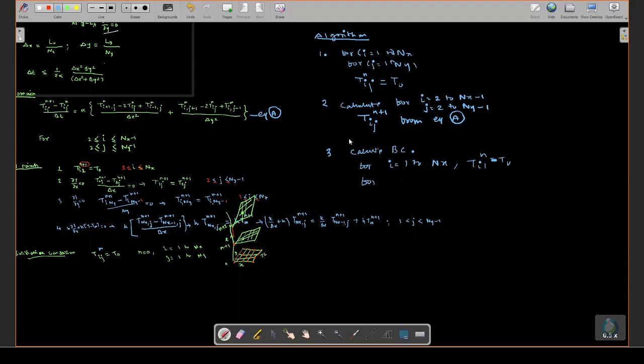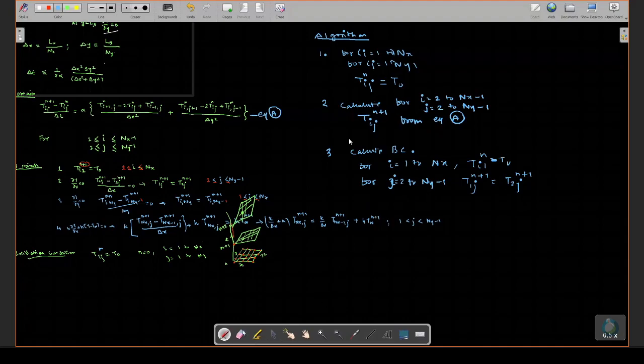There is another loop we will use for i, j equals 2 to ny minus 1. You will use T(1,j)^(n+1) equals T(2,j)^(n+1). This T(2,j)^(n+1) will be interior points already calculated here.